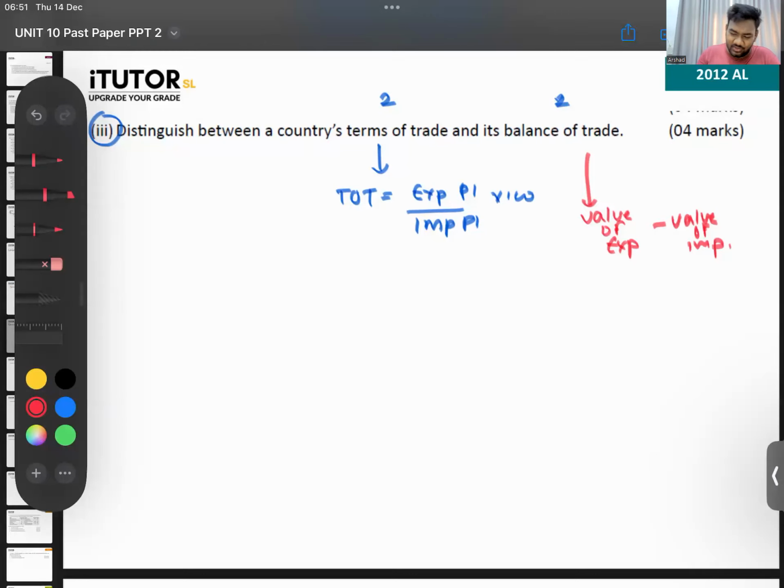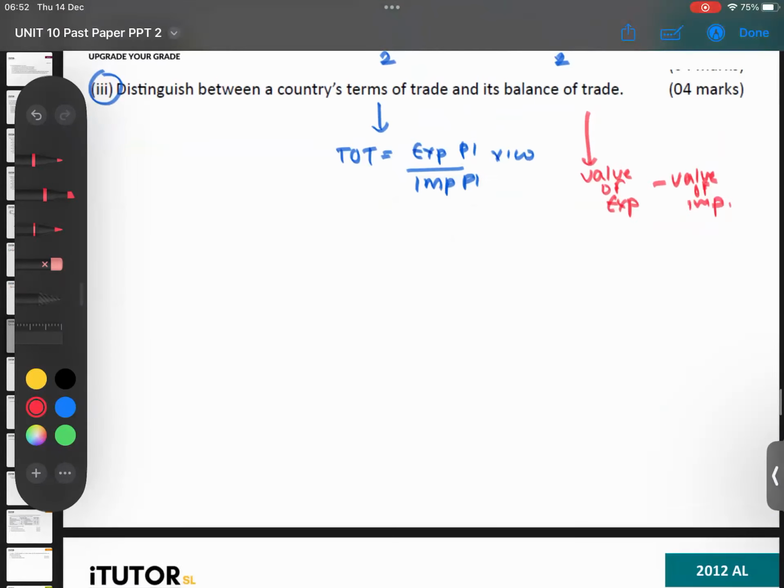So you can talk about those. That's all that you have to do. For 2 marks, talk about what is terms of trade, give the equation and all. For 2 marks, talk about what is balance of trade. Your question will be answered that way.